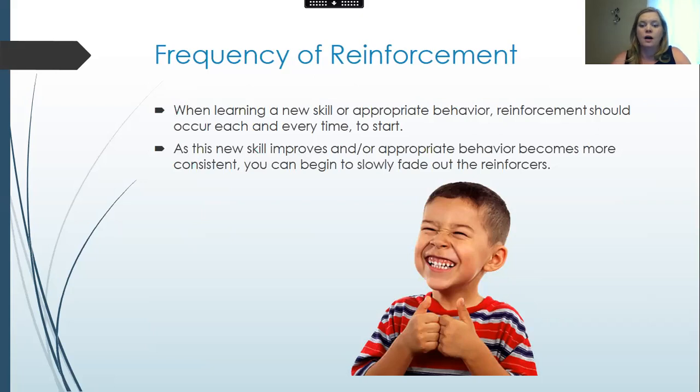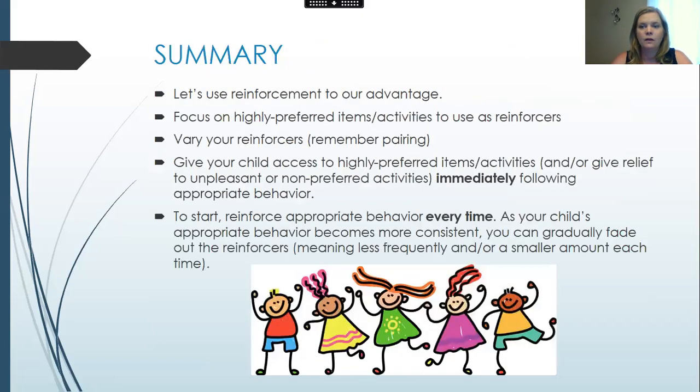Okay, so it's really important that we use reinforcement, and we use it frequently to start, and then we can slowly fade it out. So in summary, we really want to use reinforcement to our advantage. We're going to use those reinforcers to promote appropriate behavior.